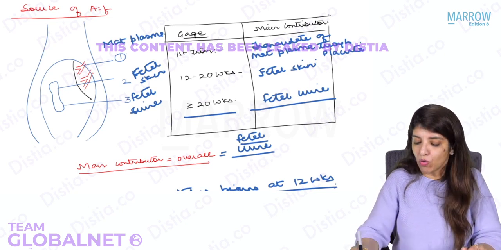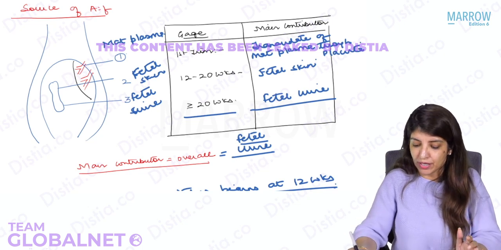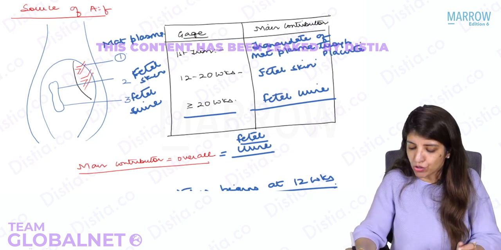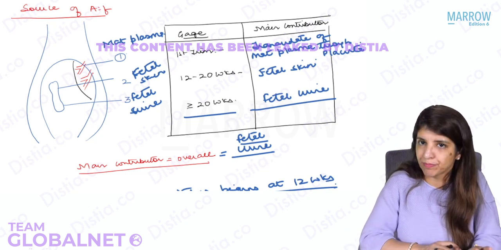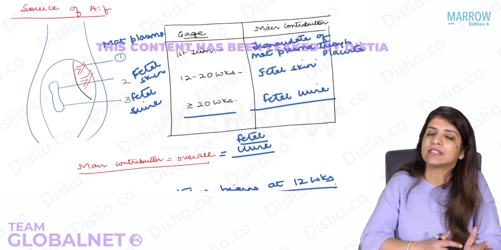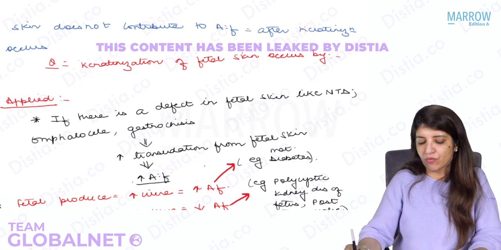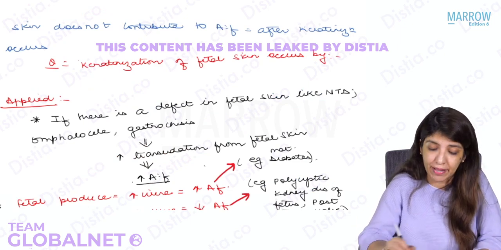Yes. Now, a few more applied aspects related to it. Just now I told you that fetal skin is the main contributor up till 20 weeks. Why? Because after 20 weeks, keratinization of fetal skin happens. So one question if I ask you is, when does keratinization of skin exactly happen?